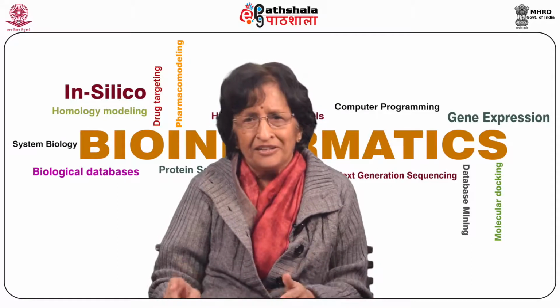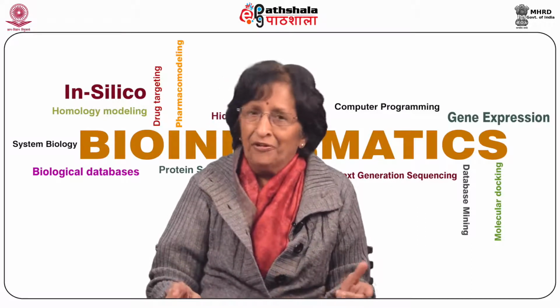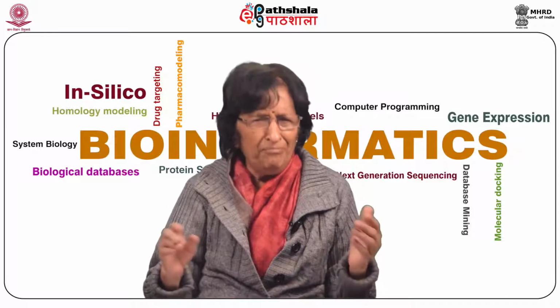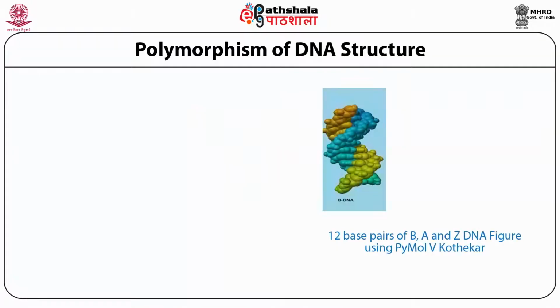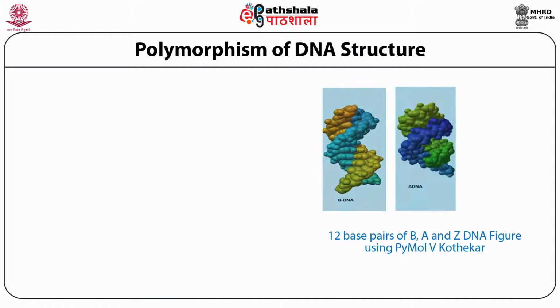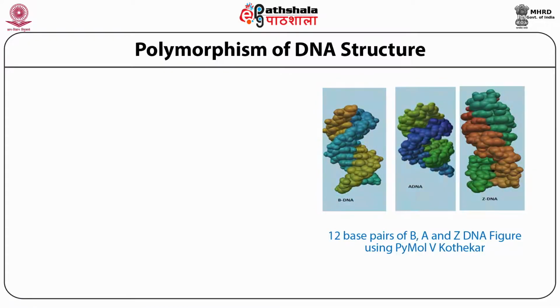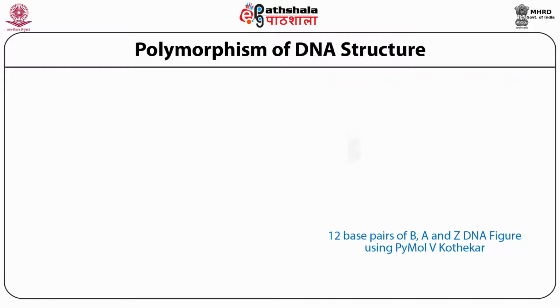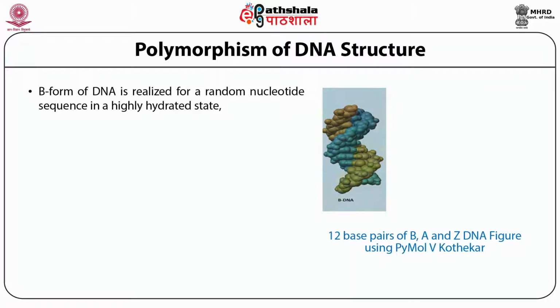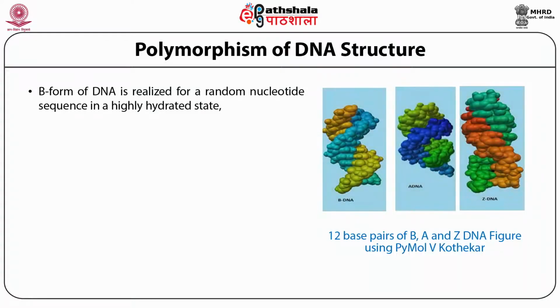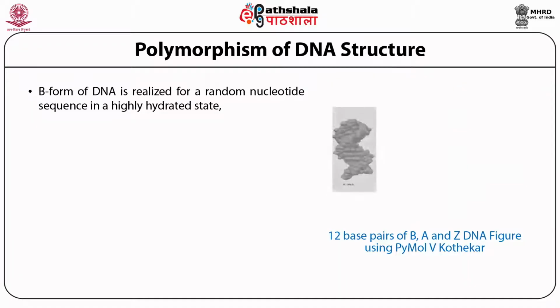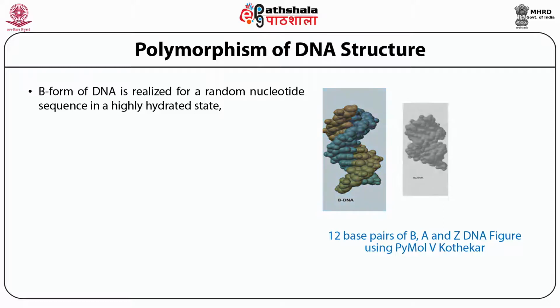DNA conformational changes can be monitored by a number of bioinformatics tools. We show in this picture 12 base pairs of DNA in different polymorphic structures. The first one in the extreme left is a B form of DNA, which is realized for random nucleotide sequence in a highly hydrated state. What happens if the hydration lessens?